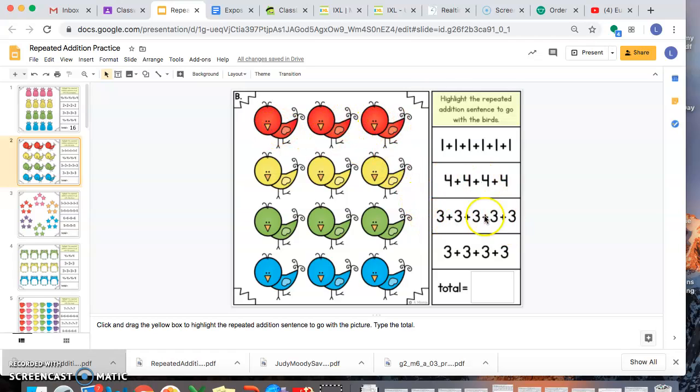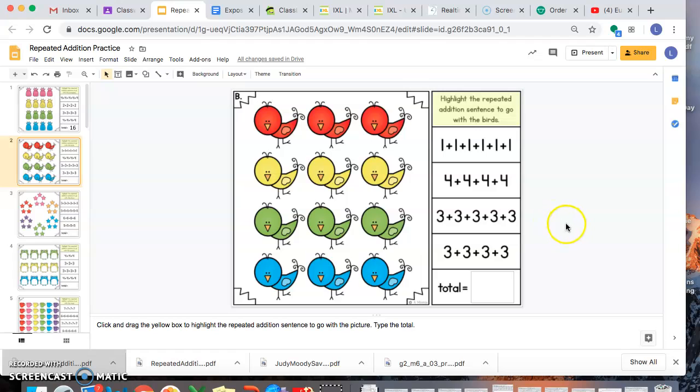And now I'm going to come down here because now I see a lot happening with these 3s. I have to remind myself, how many groups did I say I had? 1, 2, 3. I had 4 groups, okay? This one says 3 plus 3 plus 3 plus 3 plus 3. There's 1, 2, 3, 4, 5 groups.